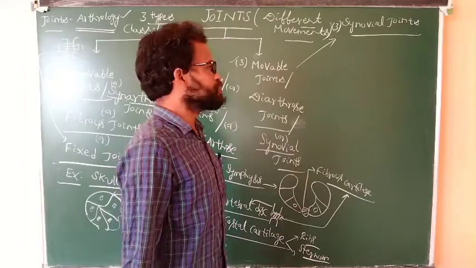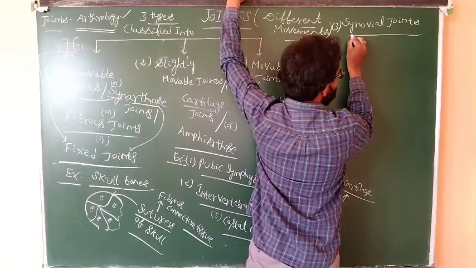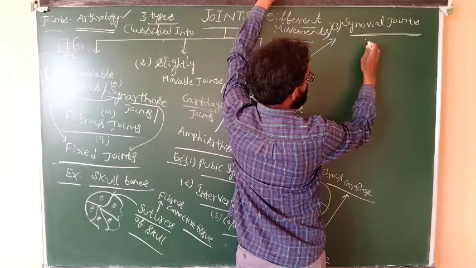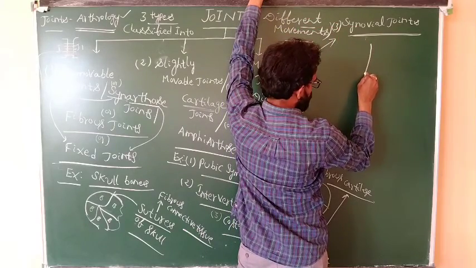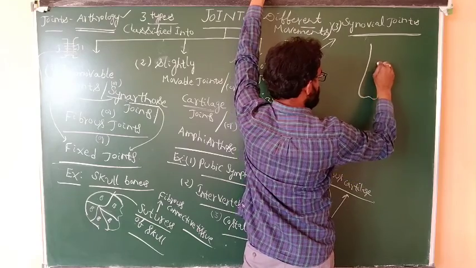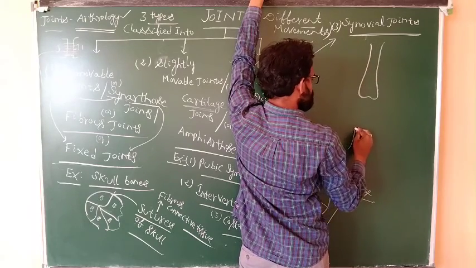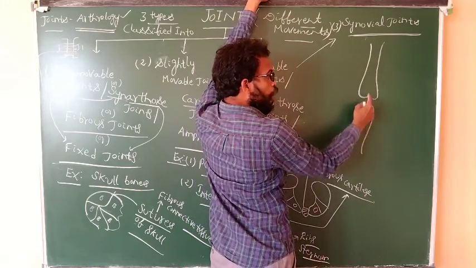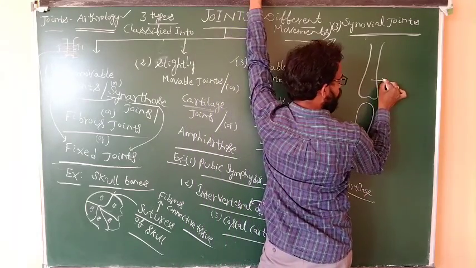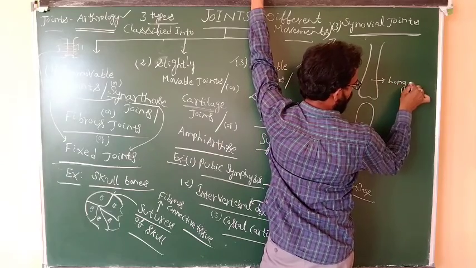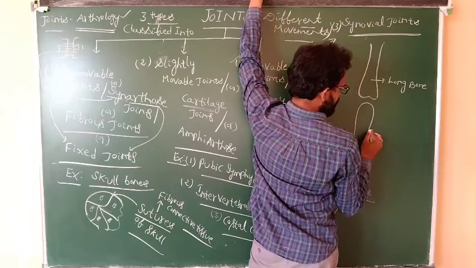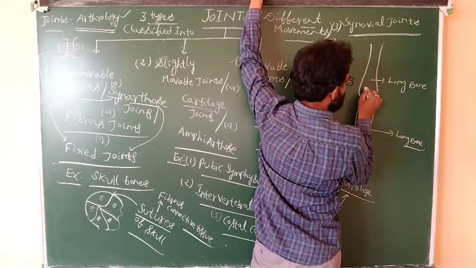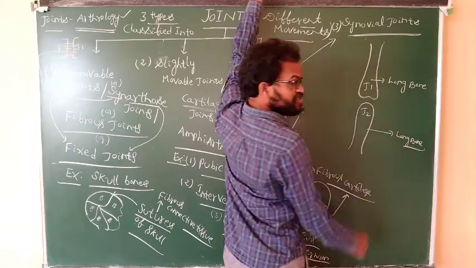If you observe the synovial joints, there are two long bones, one long bone and the next long bone, with one joint and a second joint.